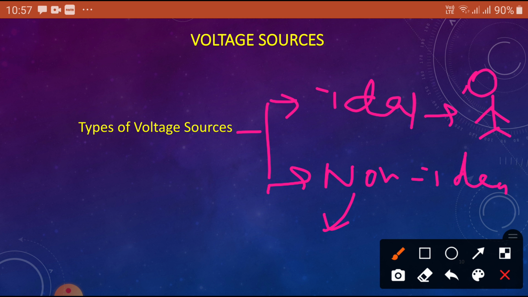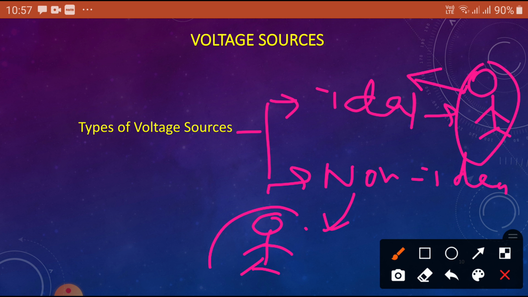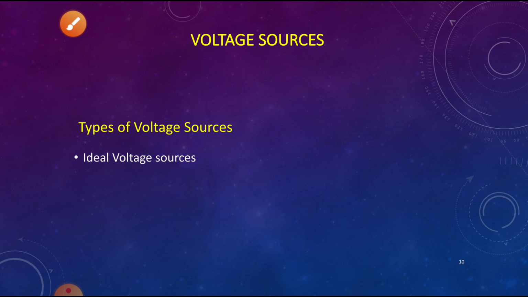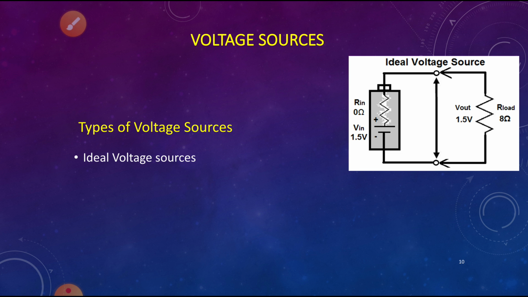Whereas in the non-ideal source, practically he has some problems, so the salary is given to your mother after deductions. Now we can see where it will act as an ideal source and where it will act as a non-ideal source. This is about voltage sources. Now, ideal voltage sources, and you can see the example here.